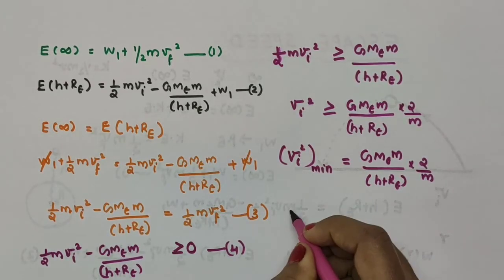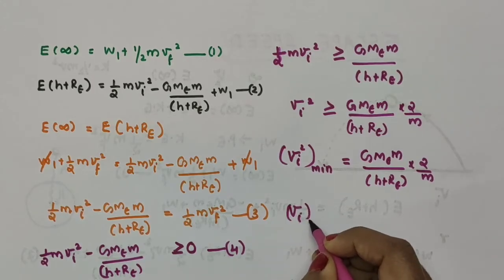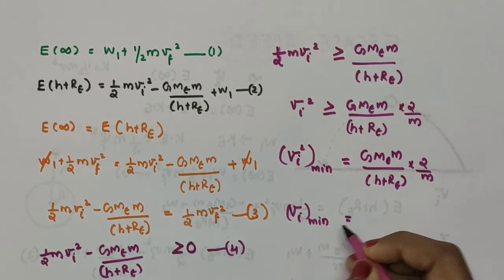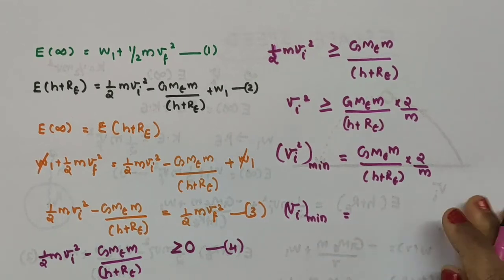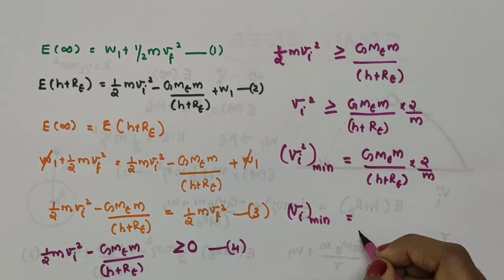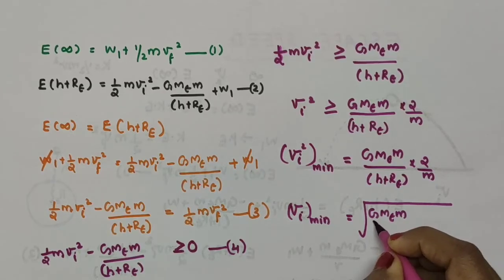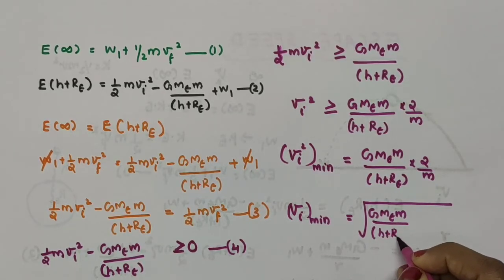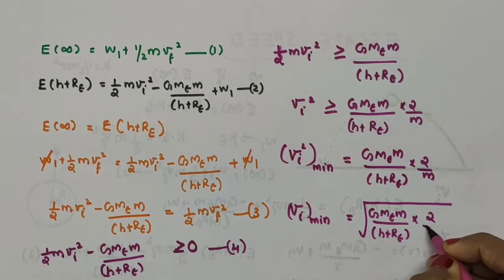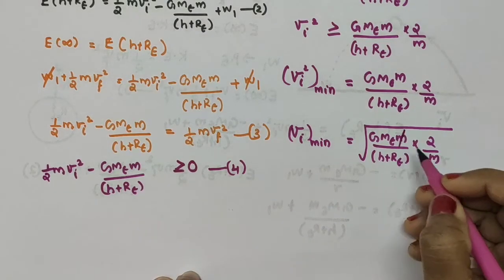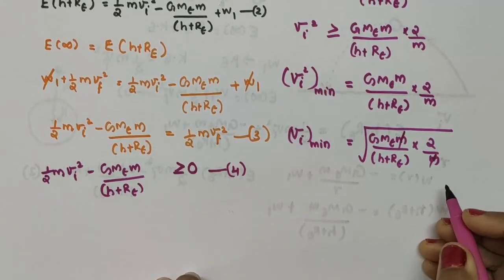Then from this we can write vi minimum, the minimum initial velocity, that will be equal to what? Square root of GMEm divided by H plus RE into 2 by m. Now you see, this m and this m can be cancelled.